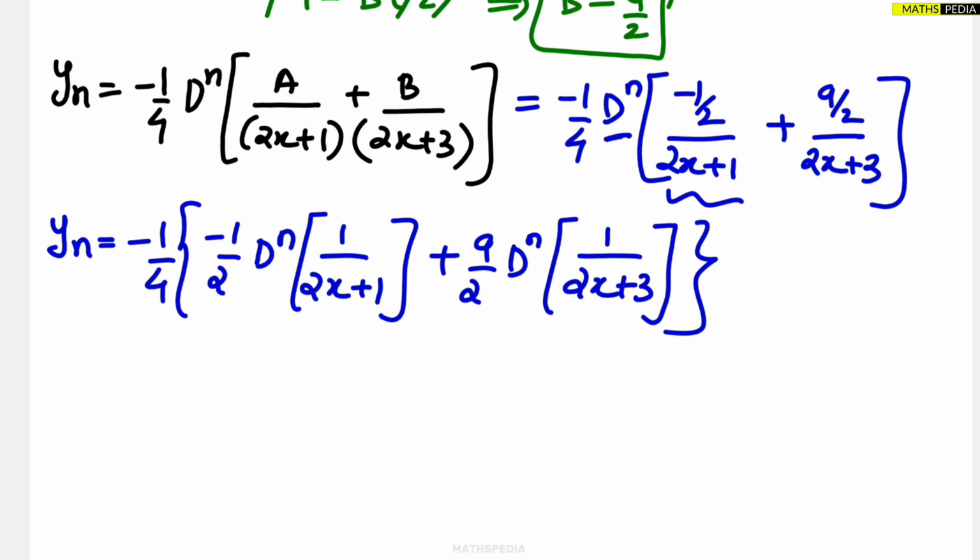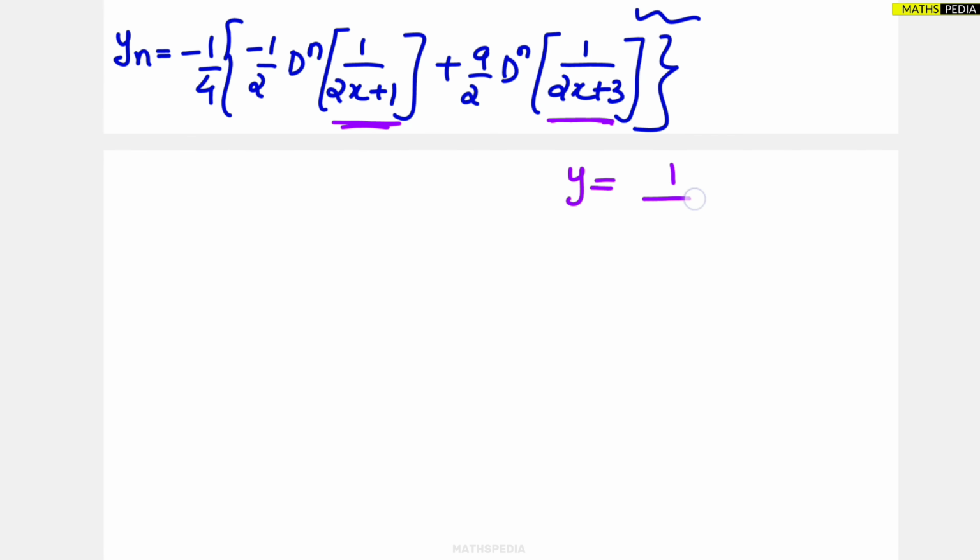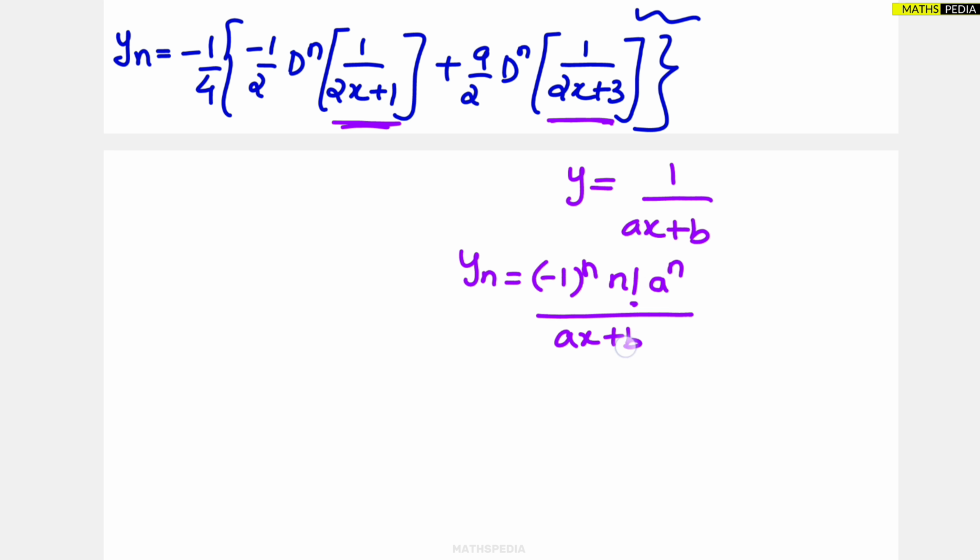Now, this particular function and this particular function we can find using which formula? So if we're getting y value as 1 by ax plus b, then yn can be written as minus 1 power n into n factorial into a power n divided by ax plus b power n plus 1. This is the formula. This formula has to be applied over there.